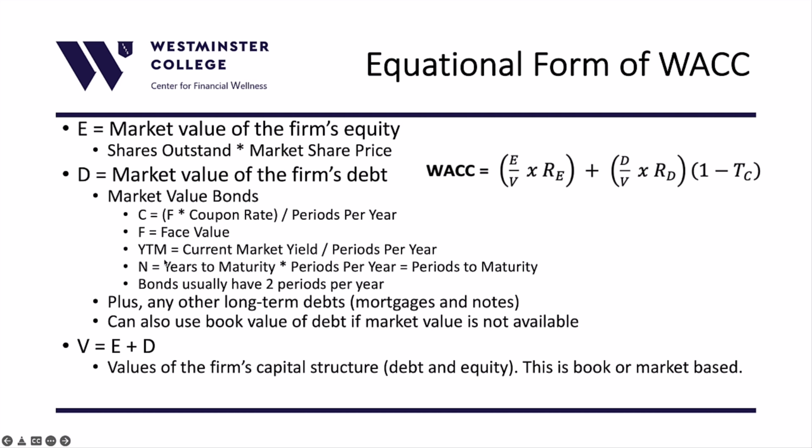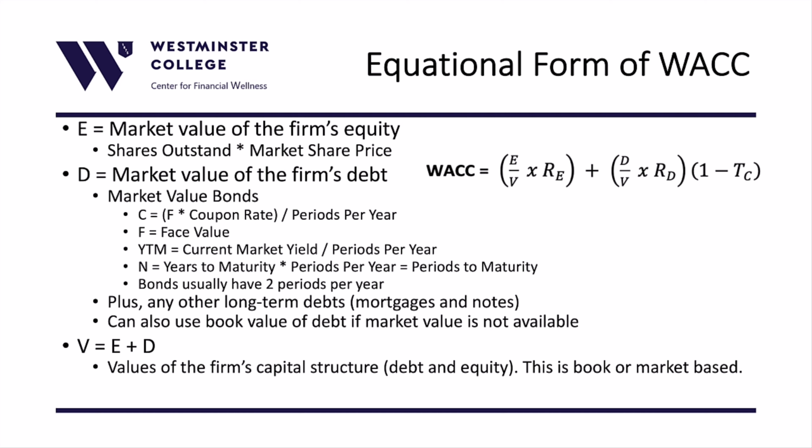Your YTM, yield to maturity, is your current market yield divided by your periods per year. Your N is years to maturity times the periods per year. And then bonds usually pay twice a year of interest.